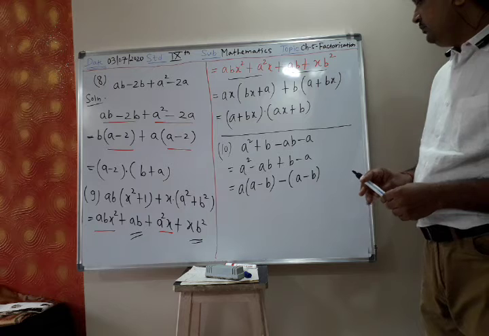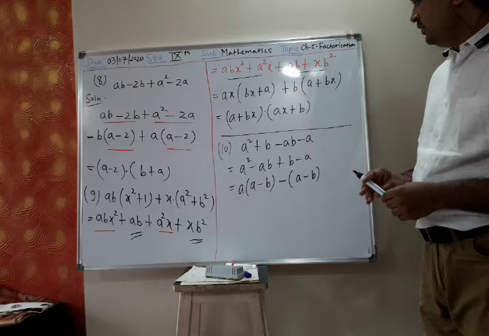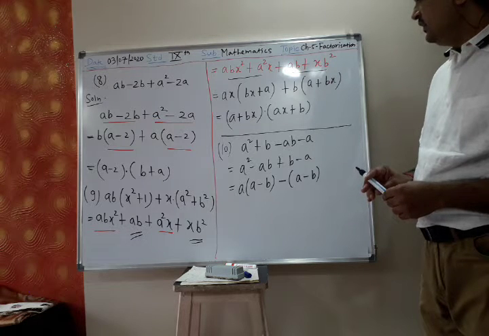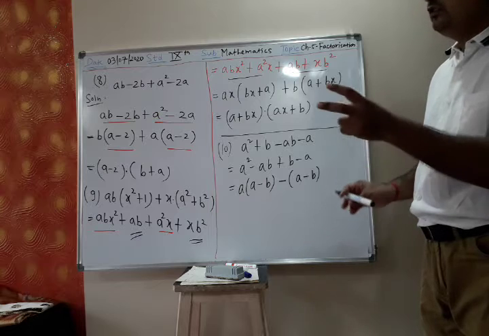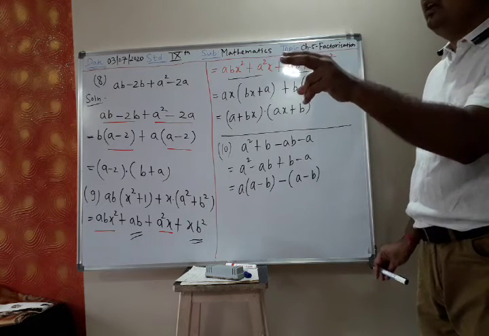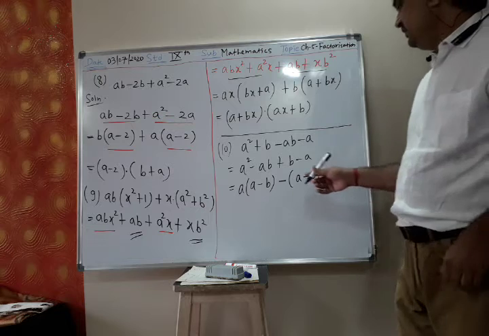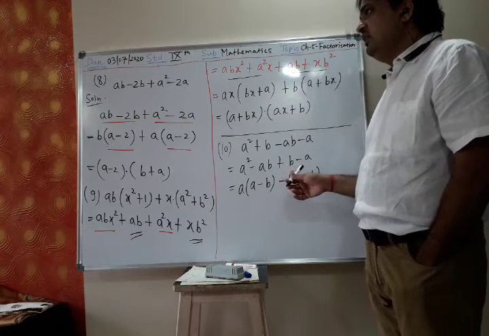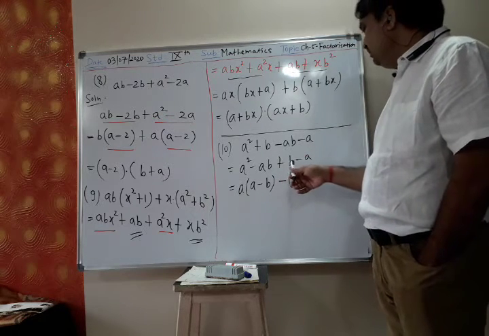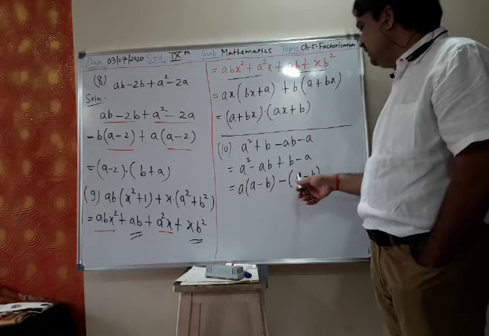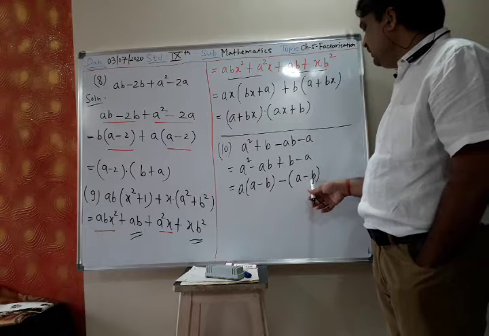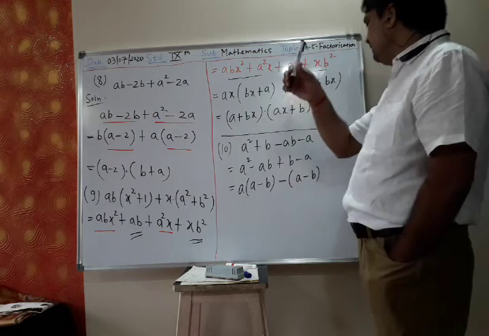A minus 1, you can write minus of 1 minus A. B minus A, I am writing A minus B, then outside the bracket I am writing minus.